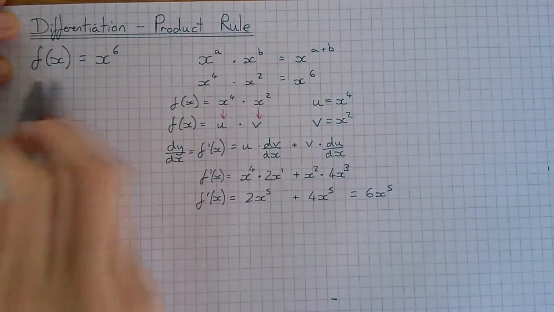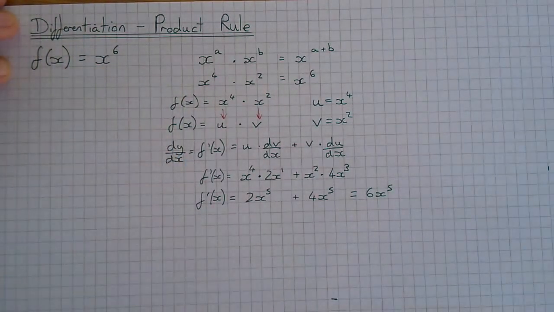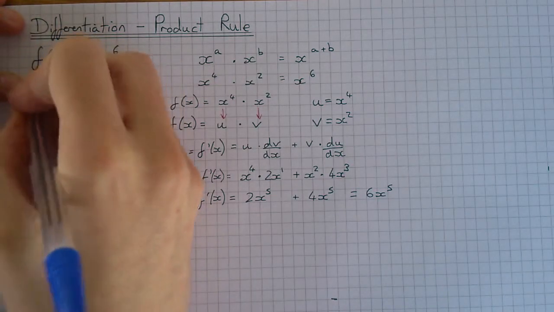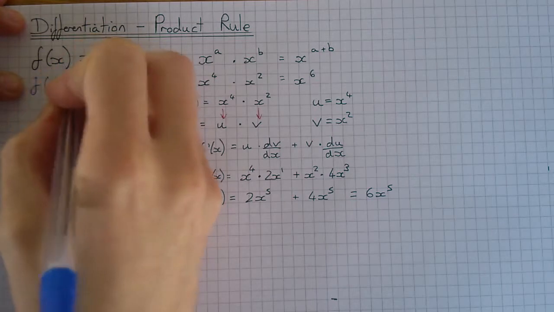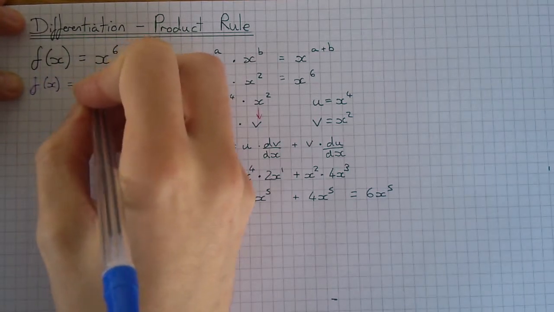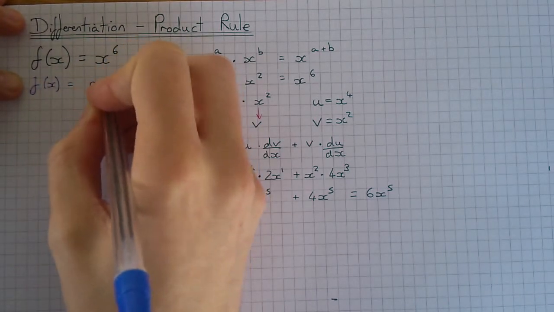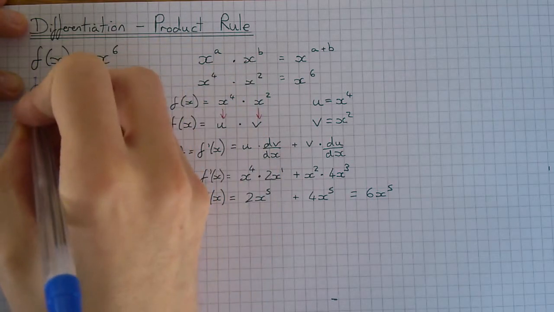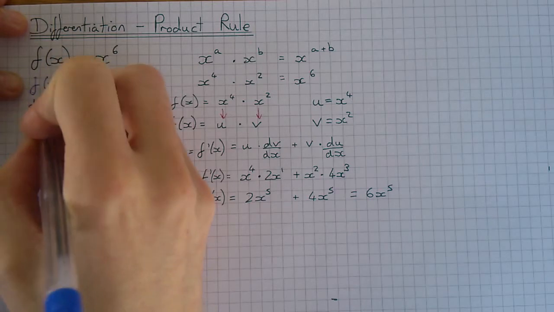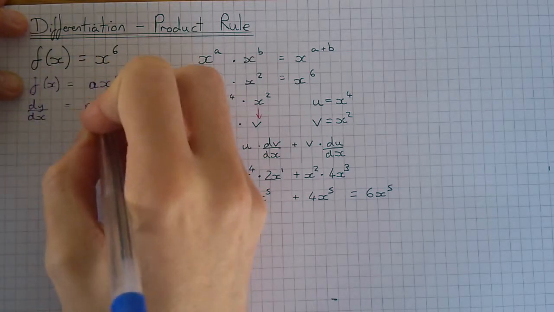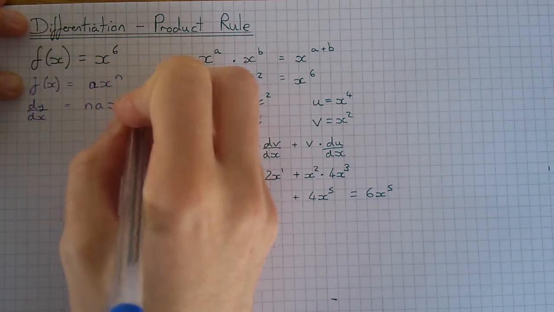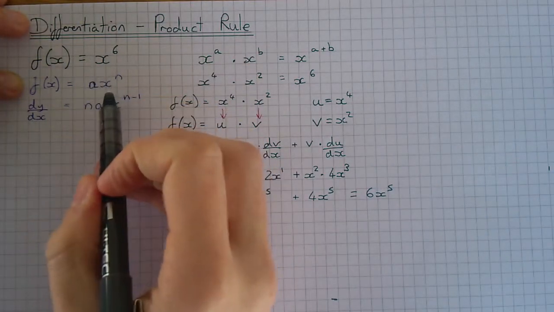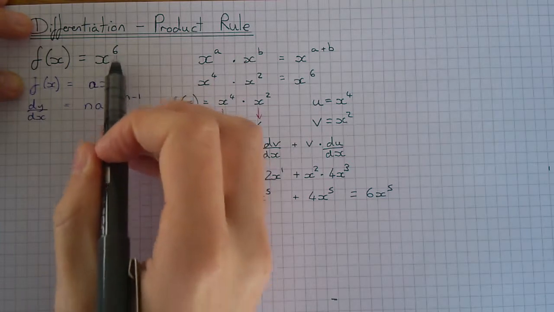Clearly you can see if we took our original equation and used the general rule that we are familiar with from the past, we can see that there is no a value, that x is x, and n is 6.